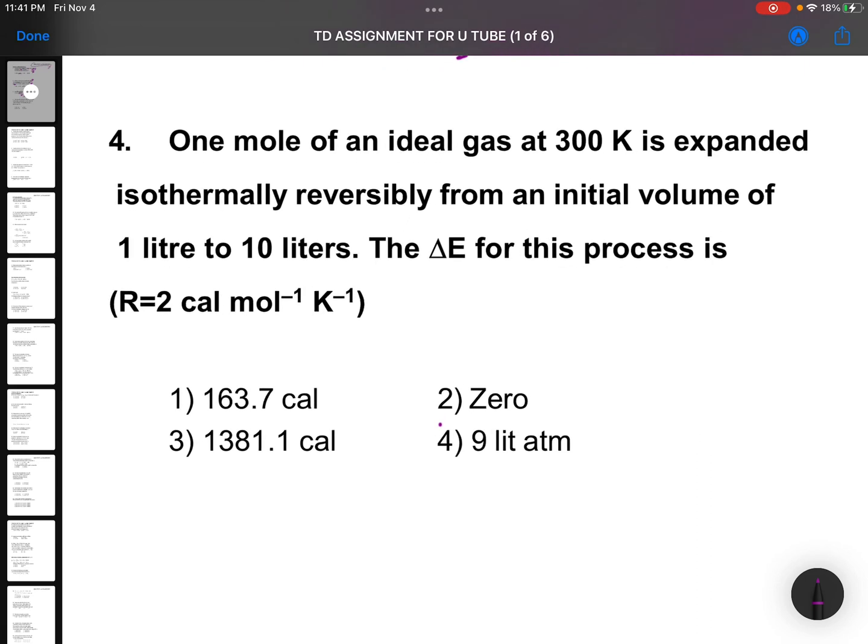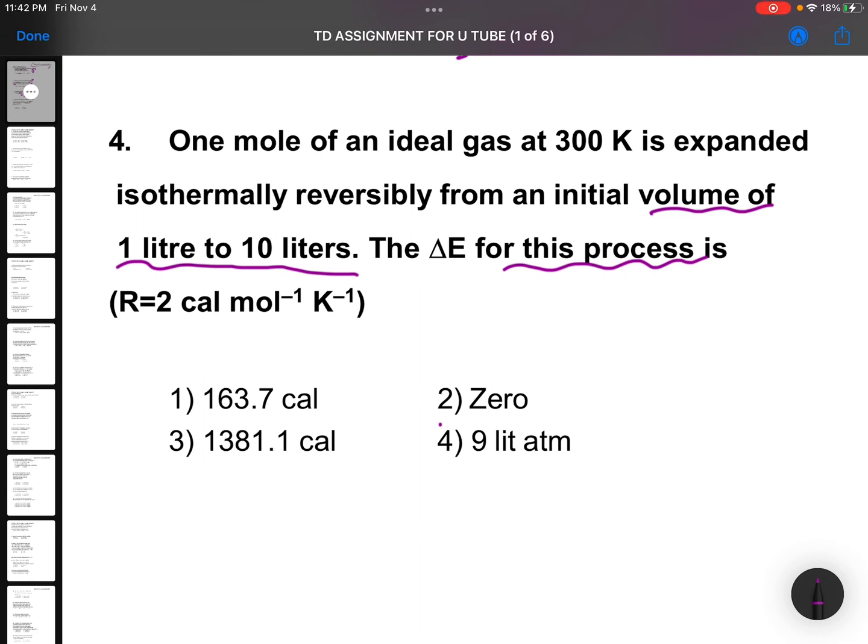1 mole of an ideal gas at 300 Kelvin is expanded isothermally, reversibly from an initial volume of 1 liter to 10 liters. Delta E for this process is? Isothermally means no temperature change.